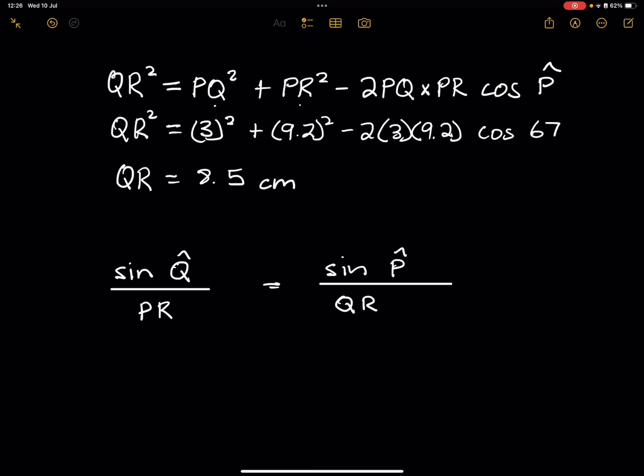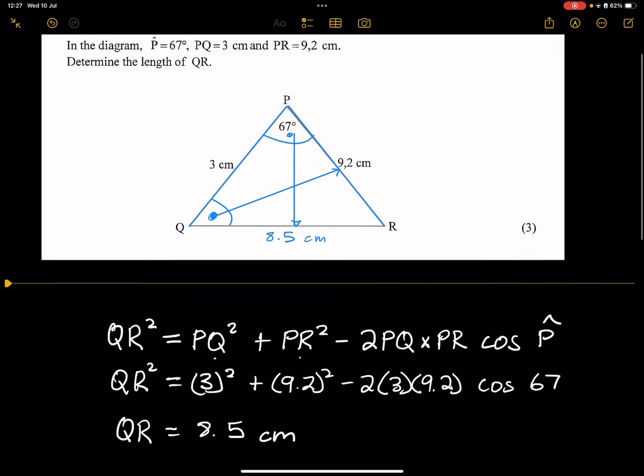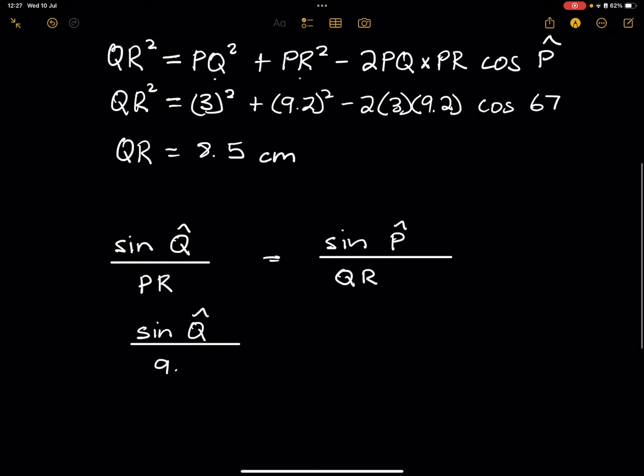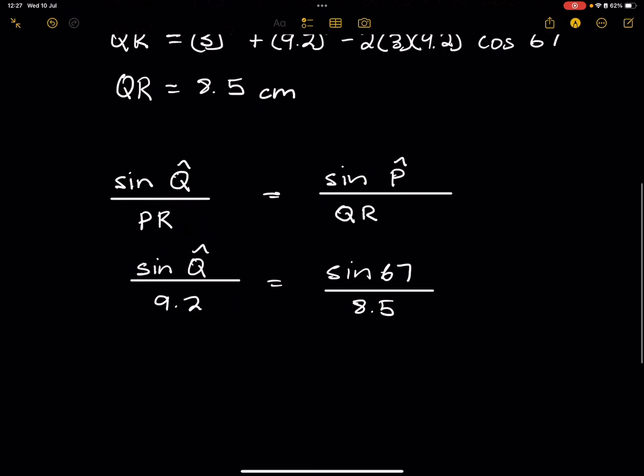In this case, we're looking for the sine of Q. Sine of Q divided by PR, which is given as 9.2, is equal to sine of 67 divided by QR, which we just found as 8.5.